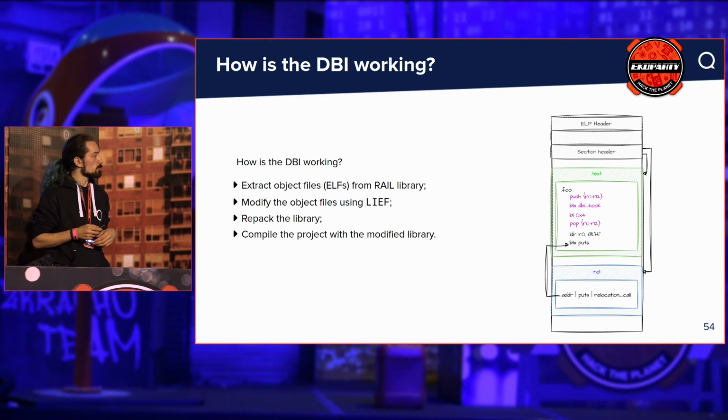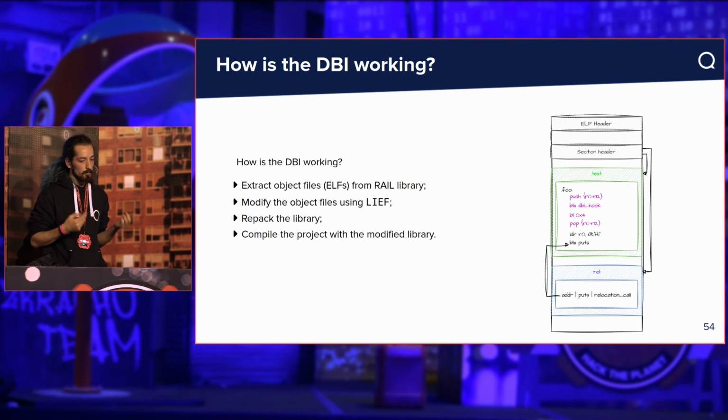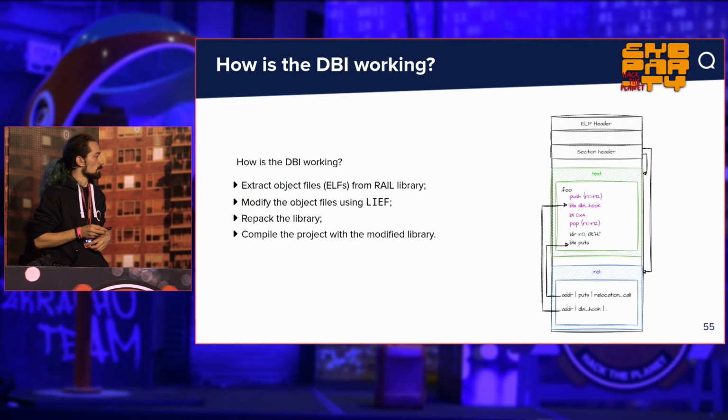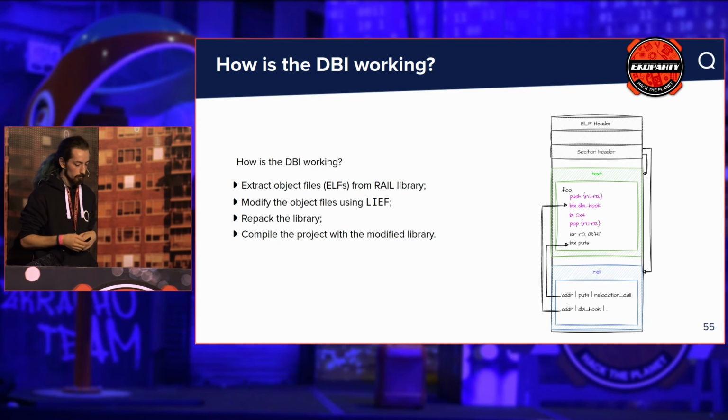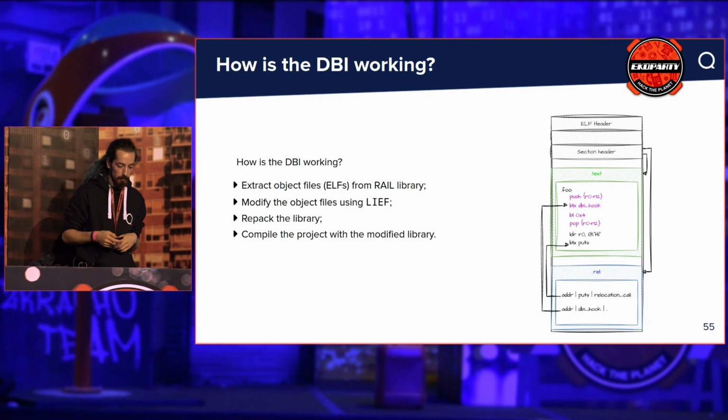Once this function returns, we restore the context by popping all the registers, and we can continue the execution. We also need to add another relocation to the function dbi hook. This way, we can define this function in another file, like a C file, which is much easier than programming it in assembly.